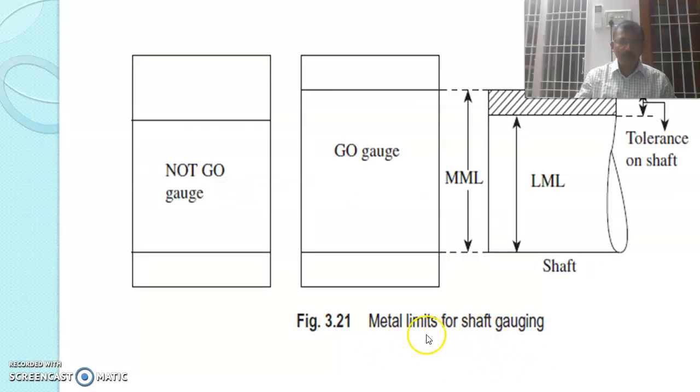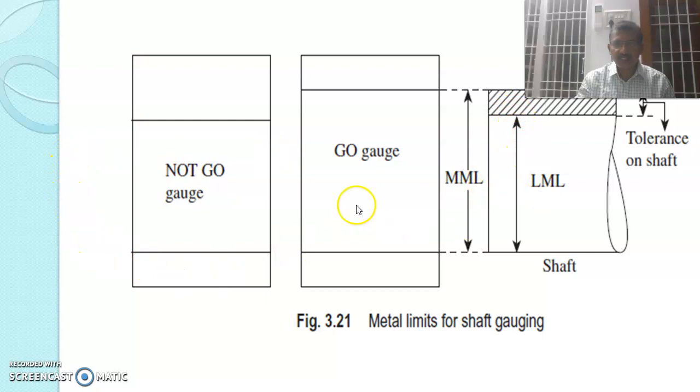This is the metal limits for the shaft gauging. A cylindrical part is made, and this is a lower limit for the cylindrical part, and this is the maximum metal limit. The go gauge is made in the form of a cylinder; it has a hole inside it, and the not go gauge is also a cylindrical part with a hole inside it.